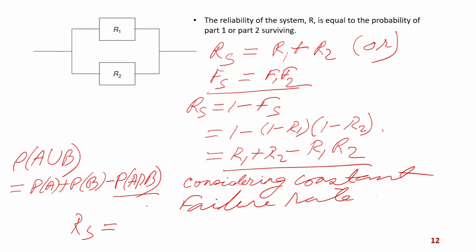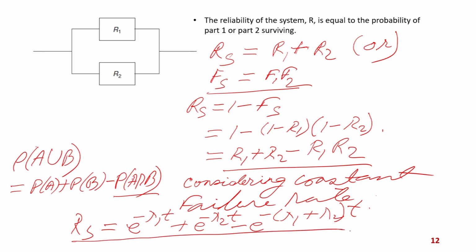So, I can write it as e to the power minus lambda 1 t, plus e to the power minus lambda 2 t, minus e to the power minus lambda 1 plus lambda 2 t. So, this is the system reliability, and obviously, if you see now, I cannot write this as a single e to the power, the way we write it for the series case.